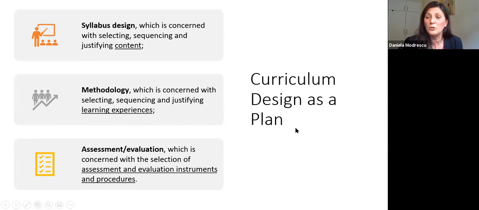So when we think of curriculum as design, as a plan, we think of three main steps. The first is syllabus design, which is about what of the language, what parts of English we select to teach, how we sequence it, and why we select those specific aspects of the English language.